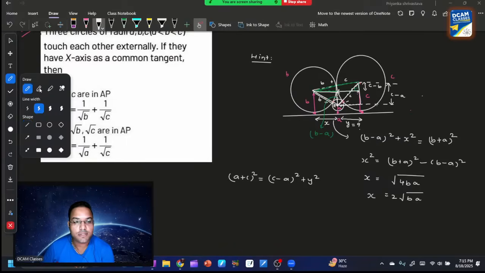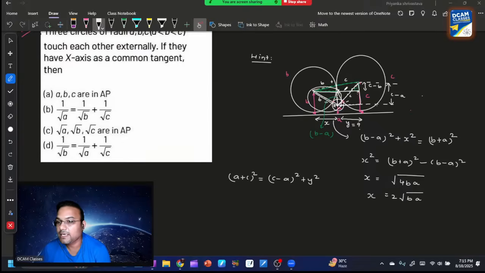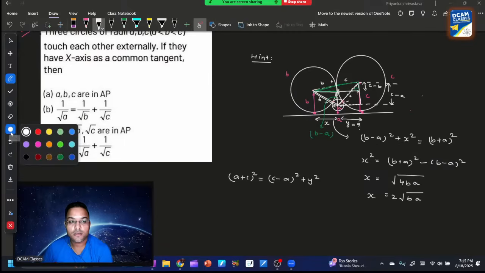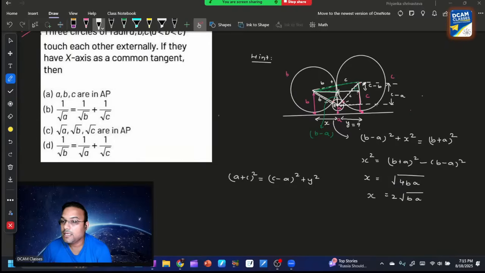What I wanted to show, na, this one. First I have taken this triangle. In this, this length I knew. This was B plus A, both radii combined. This I have found out using B minus A. So I have framed this equation to find out this value of X. Now again, I'm taking this triangle. This and this. Here this length is A plus C.